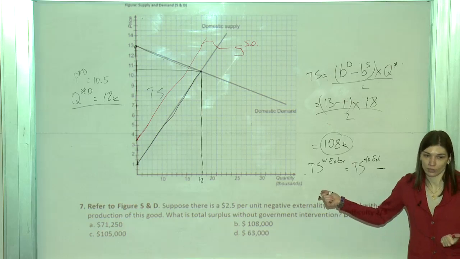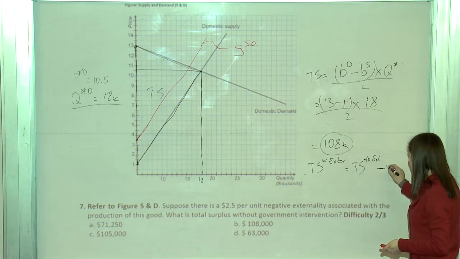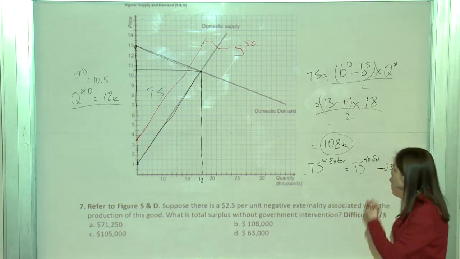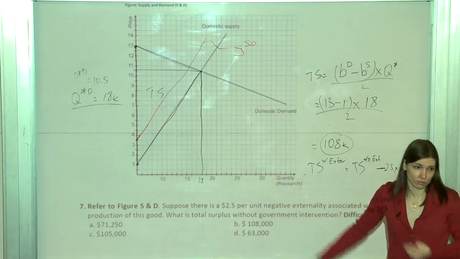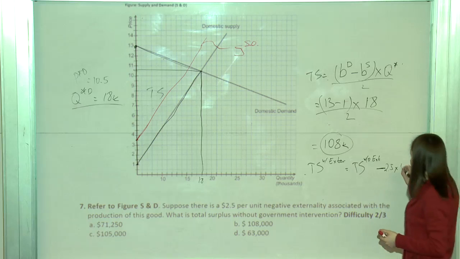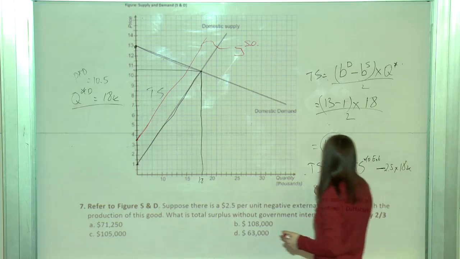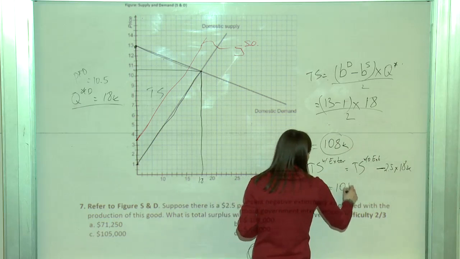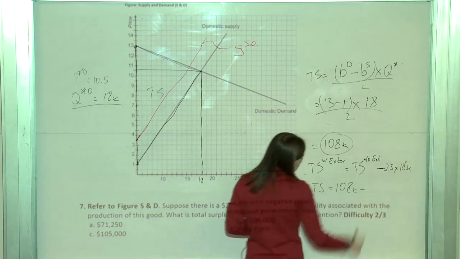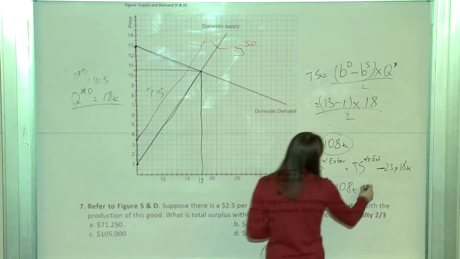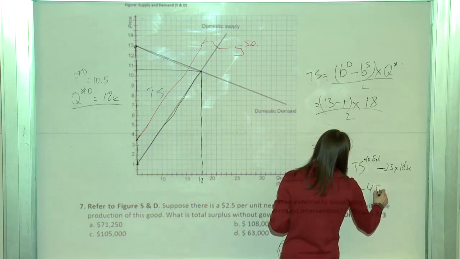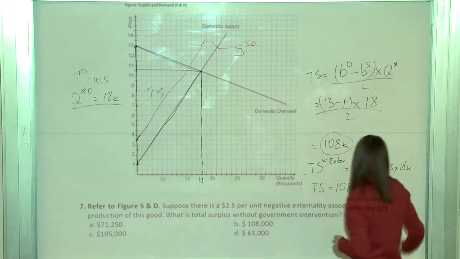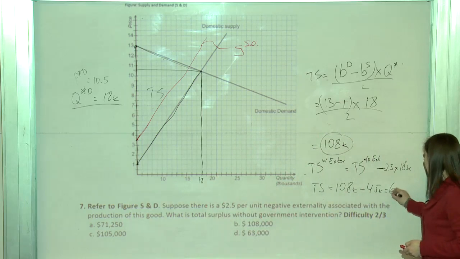The cost per unit. That will be 2.5. And how many units do I sell? 18,000. So total surplus then becomes 108,000 minus 45,000, which is 63,000.